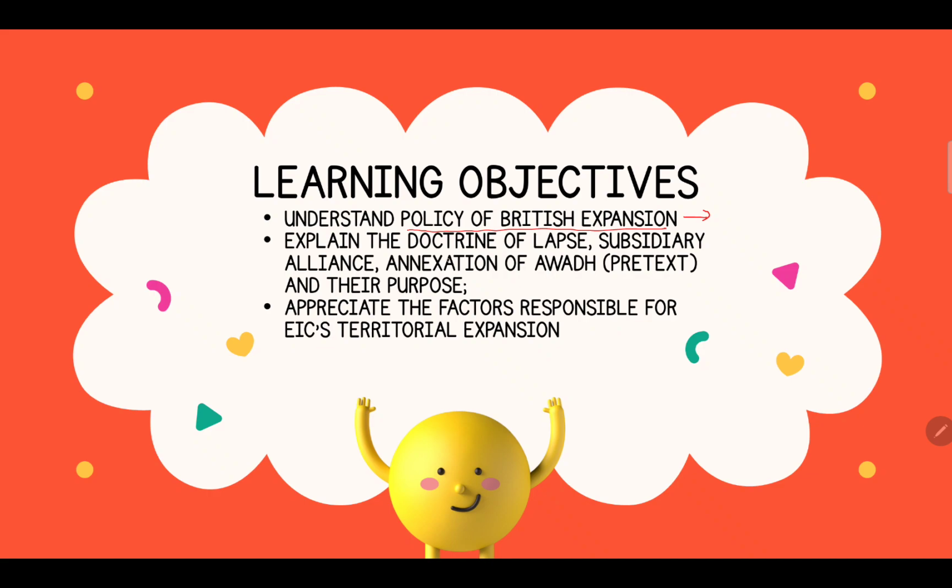Then we will study about the doctrine of lapse, subsidiary alliances, annexation of Oudh, and their purposes. These are important things. And appreciate the factors responsible for EIC, that means East India Company's territorial expansion. In this whole chapter, we will learn these 3 points. So let's begin.